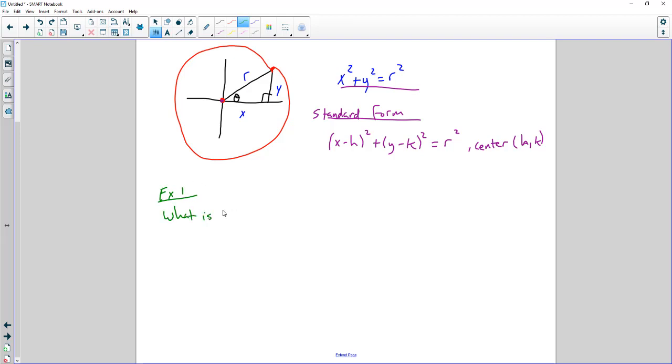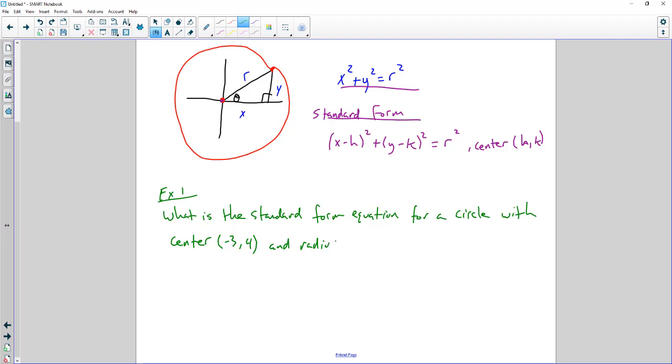What is the standard form equation for a circle with center -3, 4 and radius 6? Okay, so I'm going to write an equation for a situation like this where you have a center at the coordinate -3, 4 and a radius of 6.